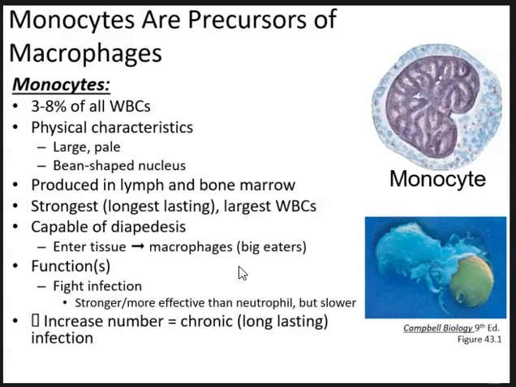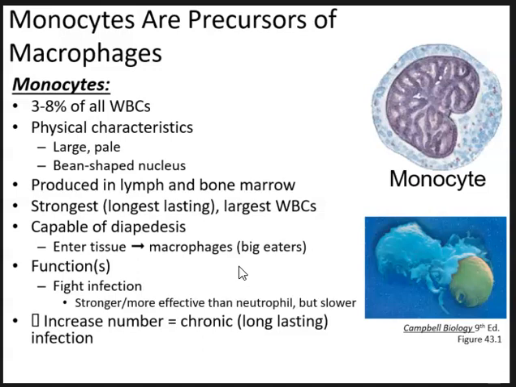So when a monocyte enters a tissue, it becomes a macrophage, but they can be called other cells. For example, if a monocyte enters bone tissue, it is called an osteoclast. An osteoclast is a cell we know that absorbs and helps break down bone.